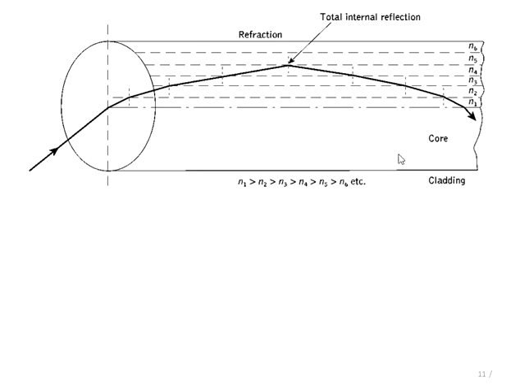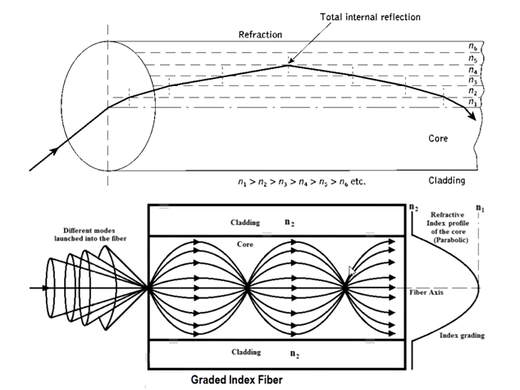So if you look at the propagation in multimode graded index fiber, this indicates different modes at different angles. Now if I pass these modes through the step index fiber, definitely they will travel at different angles and they will reach the end at different times.